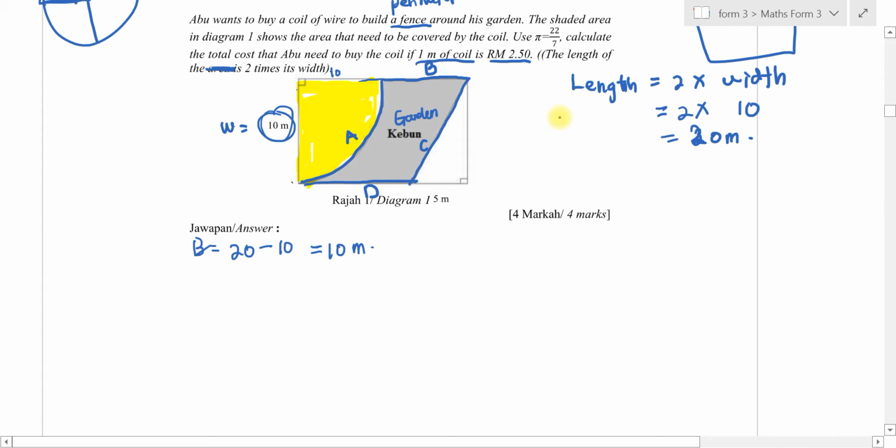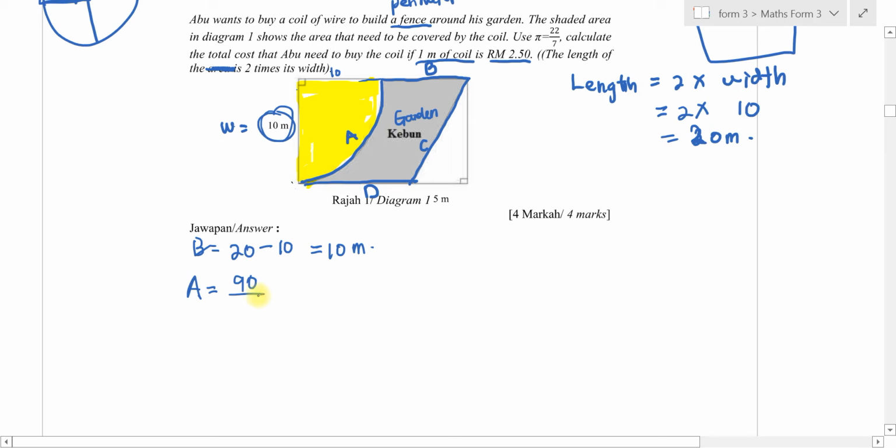Now let us calculate the other things. How to calculate C and so on? They never give you any clue about C. We try to calculate the A length. We want to calculate the length of arc.